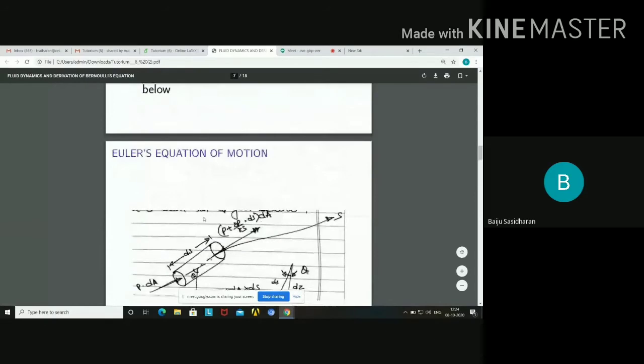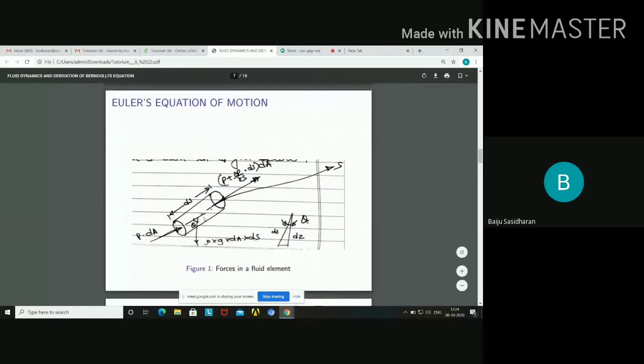So here P into dA, since we are considering the equilibrium condition, the line of action will be in the opposite direction. So P into dA minus P plus dou P by dou S into ds into dA. Again, we are considering the equilibrium along the direction of flow. That is why we have to take the component of this weight.